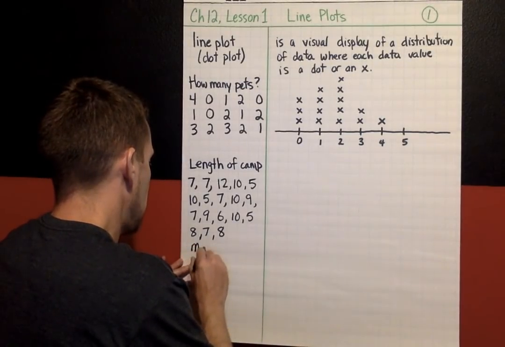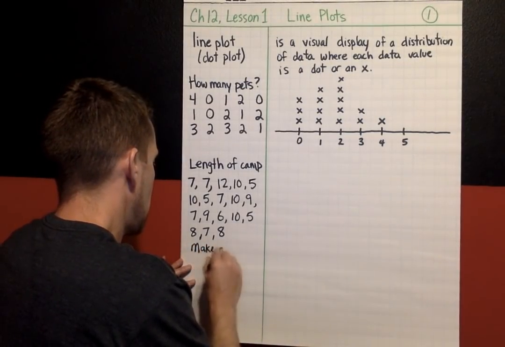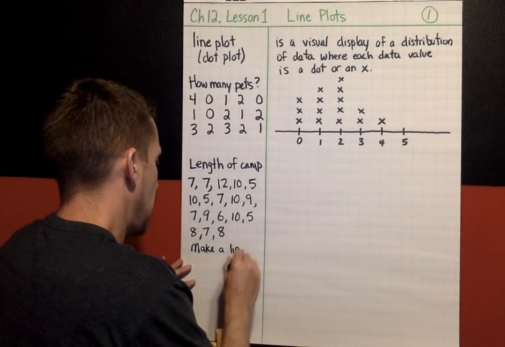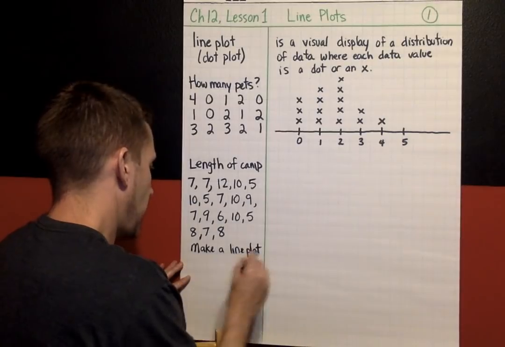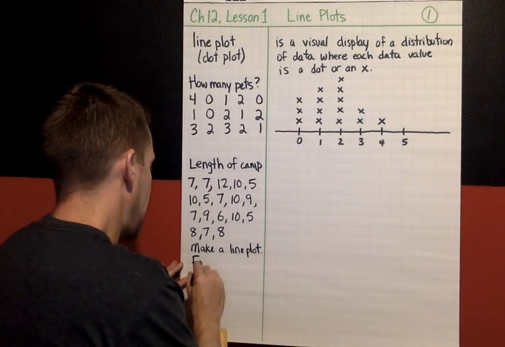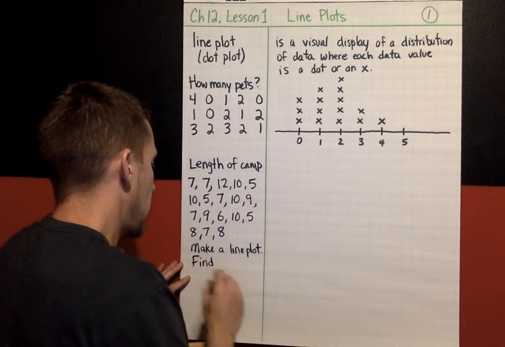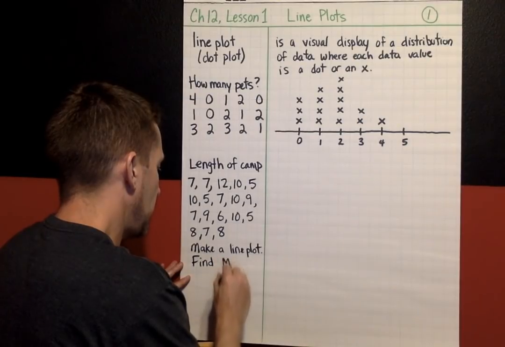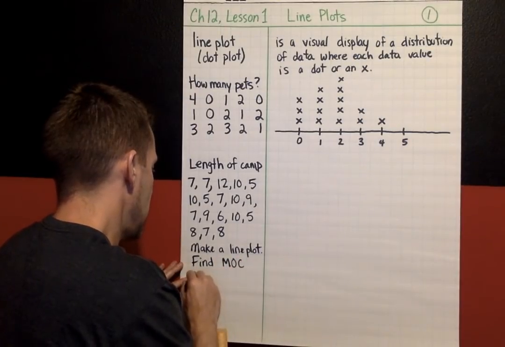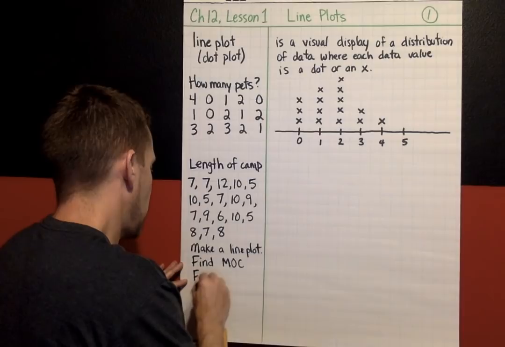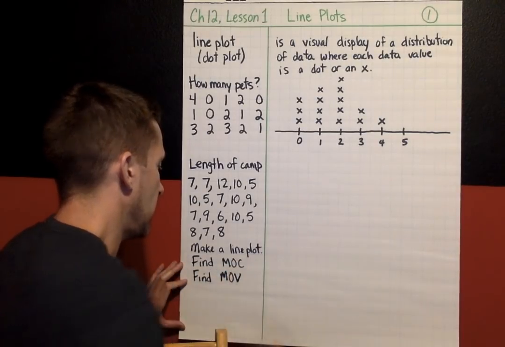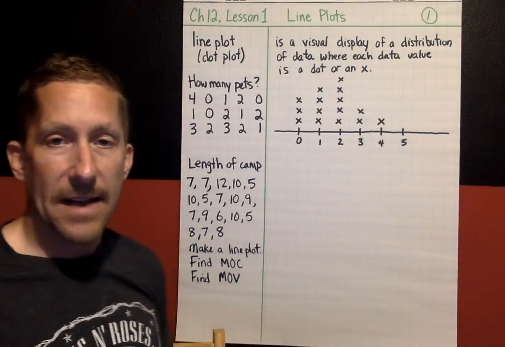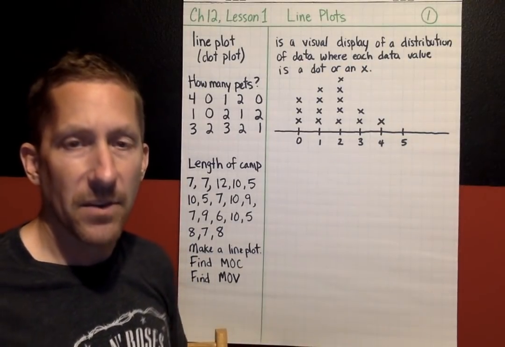So make a line plot or dot plot, and from that we are going to find, now I'm going to abbreviate, measures of center, and we are also going to find measures of variability. So those are from last chapter, chapter 11.